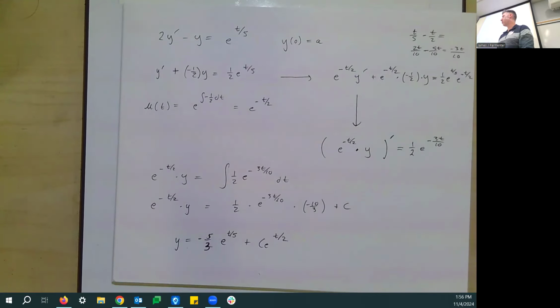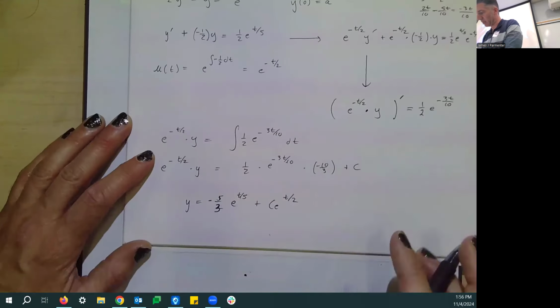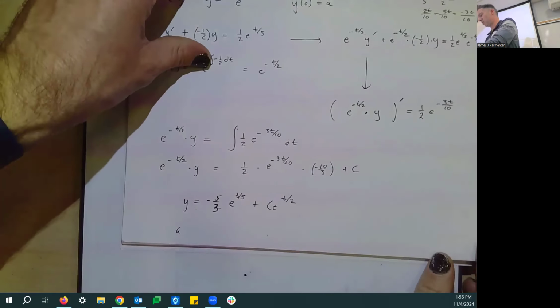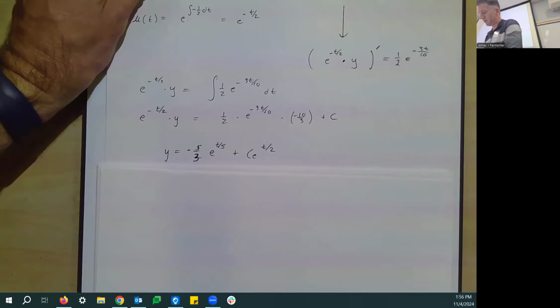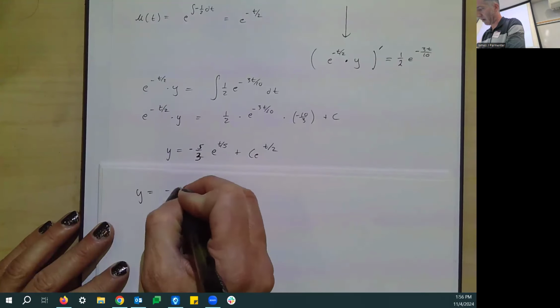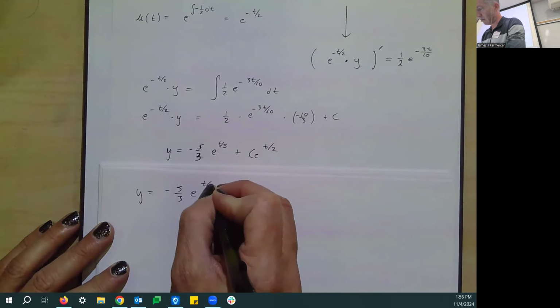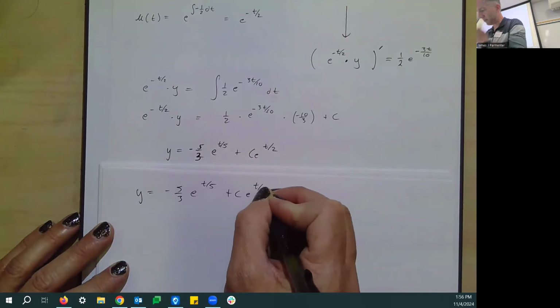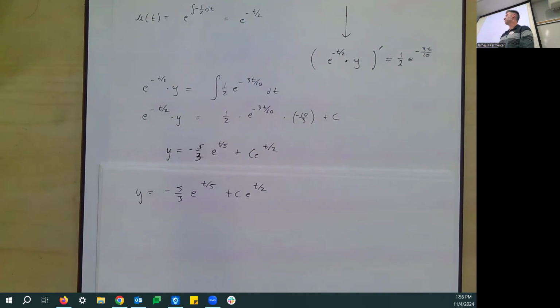Okay. So if y of 0 equals a, we have y equal to -5/3 e to the t over 5 plus c e to the t over 2.